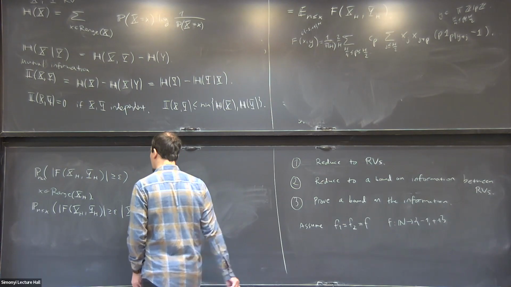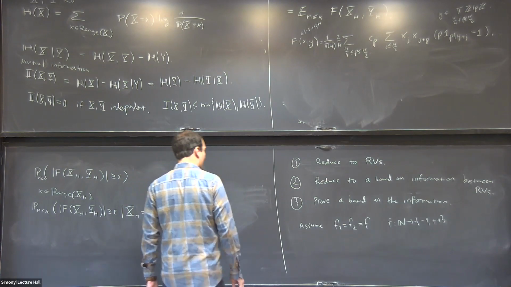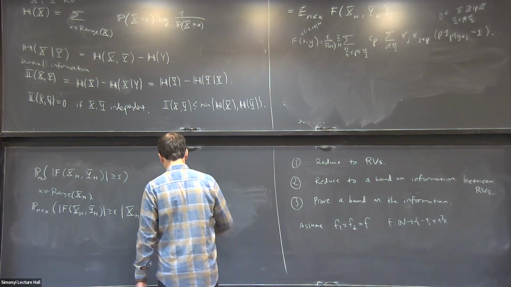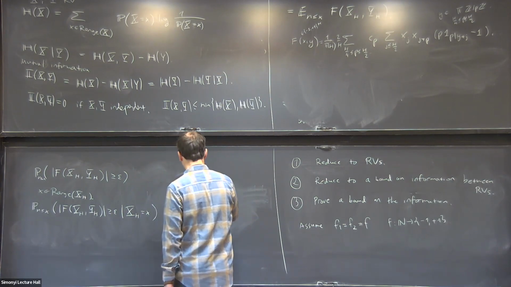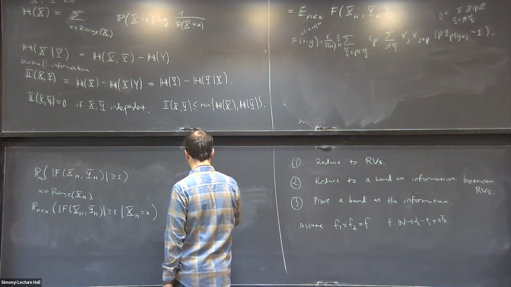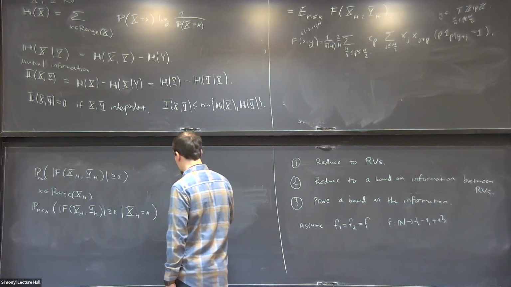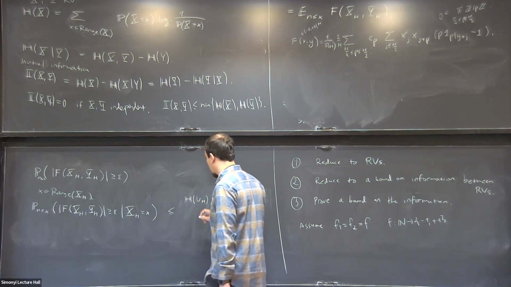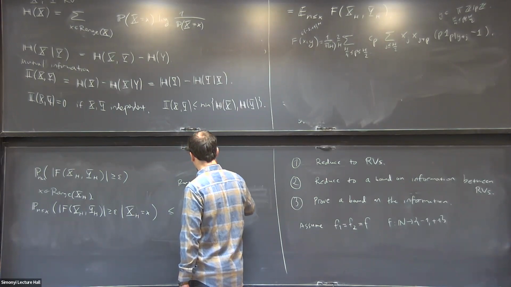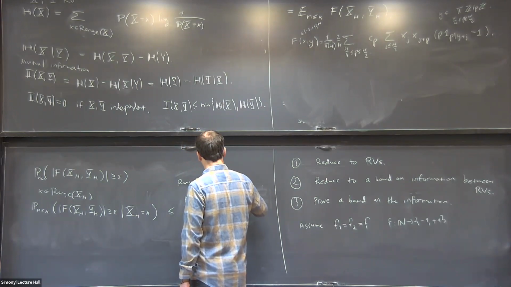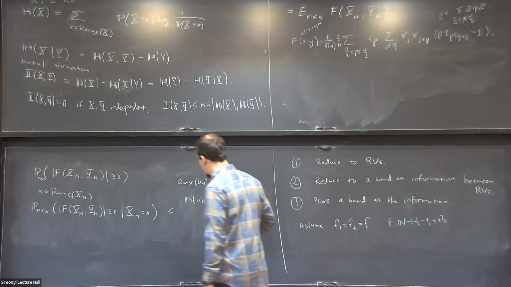So to this, you can apply Pinsker, and what it gives you is that you can bound this by, so U_h is a uniform random variable on the same space as Y_h. So range of U_h is the same as range of Y_h, and U_h is uniform.